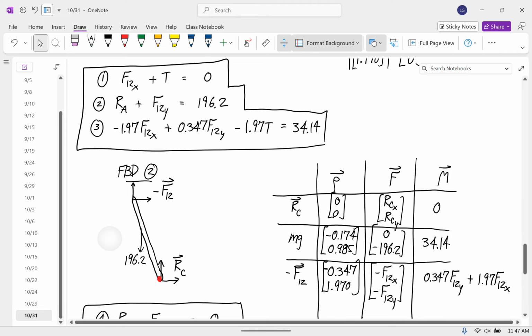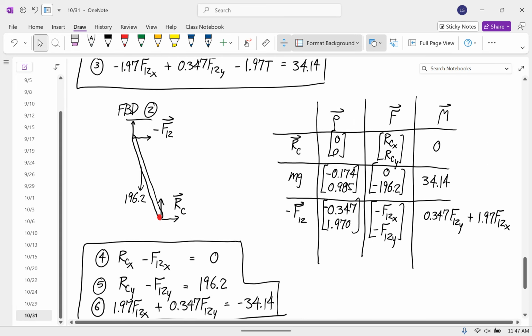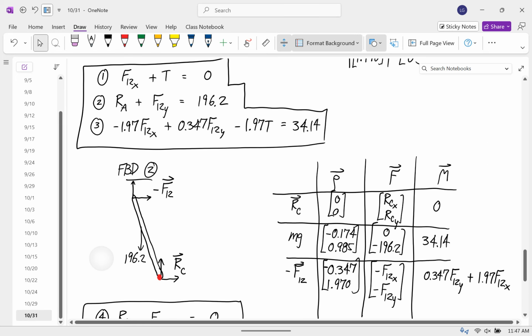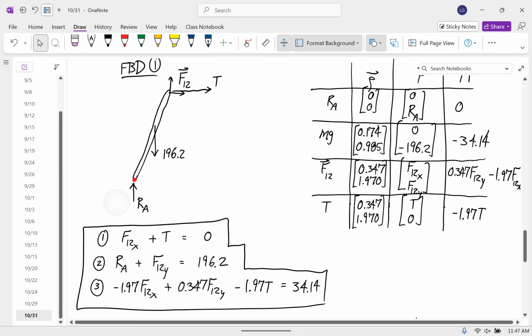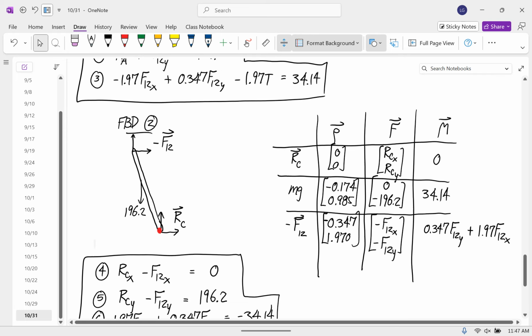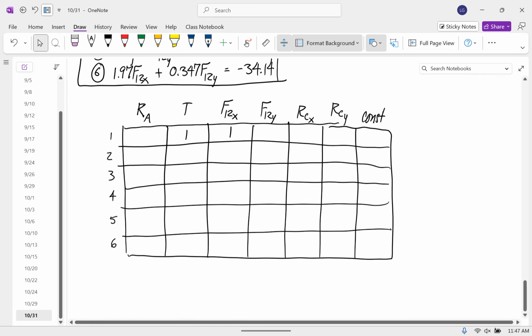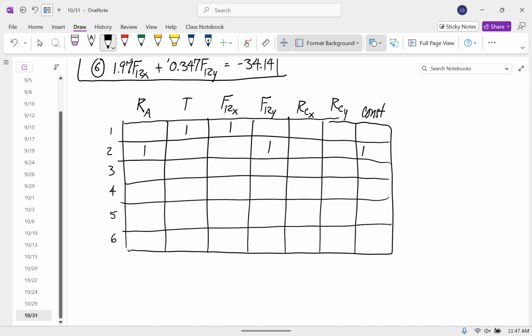Equation 1, F12X and T are both 1. Equation 2, there's only RA. So RA plus F12Y. RA is 1, F12Y is 1, and the constant is positive 196.2.